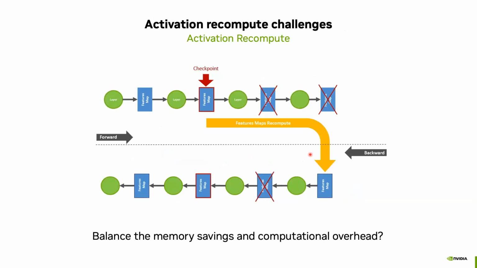Particularly with activation recomputation, you can think of some trade-off. For example, on which layer to do checkpointing, you can decide by looking at your model or running it, and understand if you want to do some memory saving, but how much compute can you give to it?